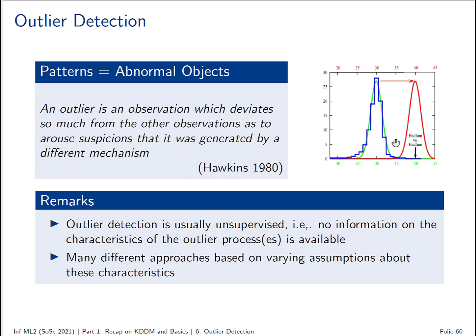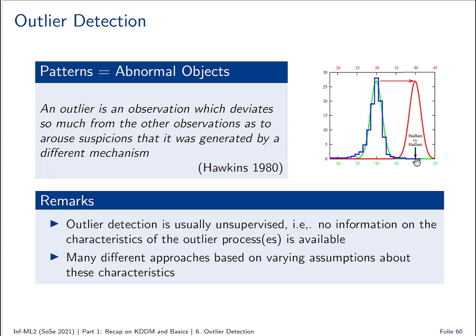There is a nice intuition by this case, Hadlam versus Hadlam, which you may know about from KDM. Here we have the observation of Mrs. Hadlam's pregnancy, which is 50 weeks instead of 40 weeks, and so this observation seems to not fit the normal observations of all the other gestation periods in a hospital, which are the blue ones, and the green is the Gaussian distribution fitted to the observations.